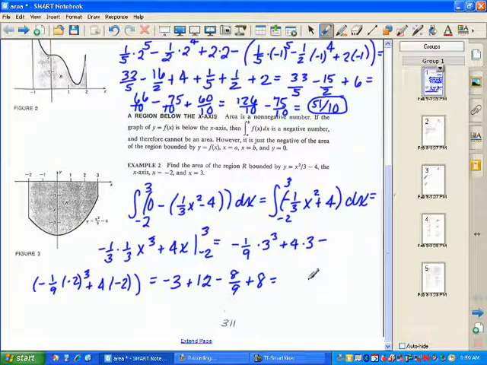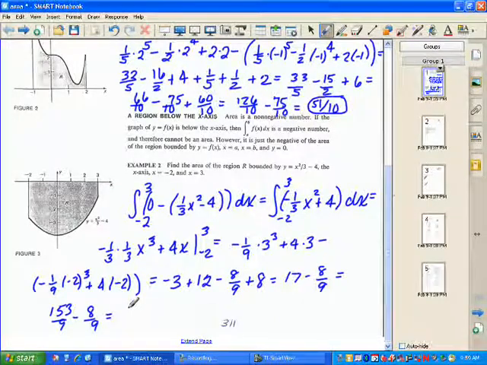So, numbers-wise, what do I have here? 17 minus 8/9. And 17 times 9, I think, is 153 minus 8/9, which will be 145/9.